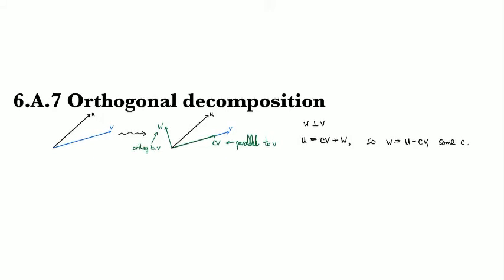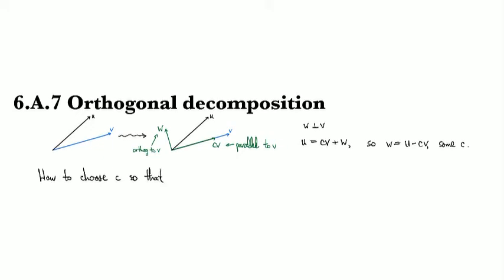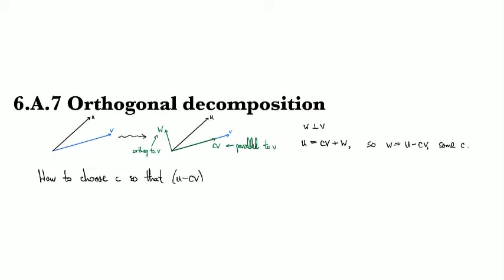Now I just need to find the right one. How do we choose c so that u minus cv is orthogonal to v?